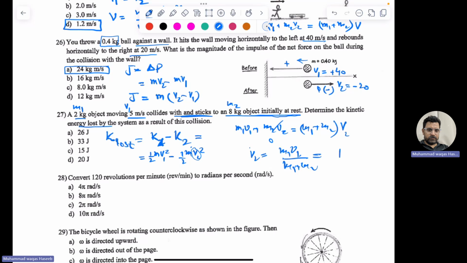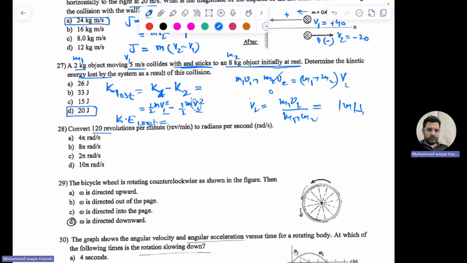So you will get 1 meter per second. When you substitute the values over here, the kinetic energy lost is equal to 20 joules.